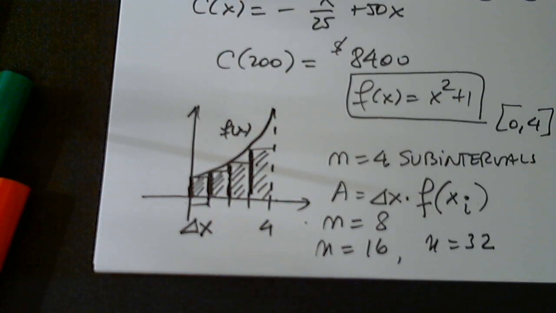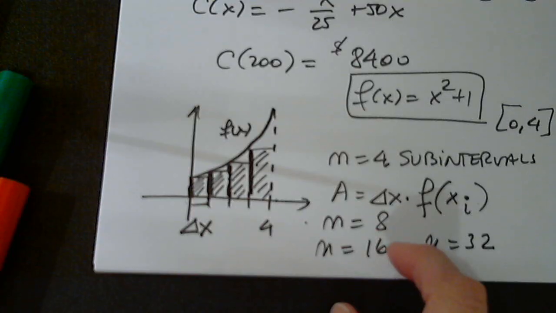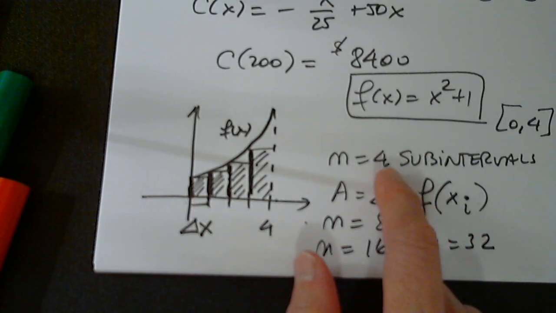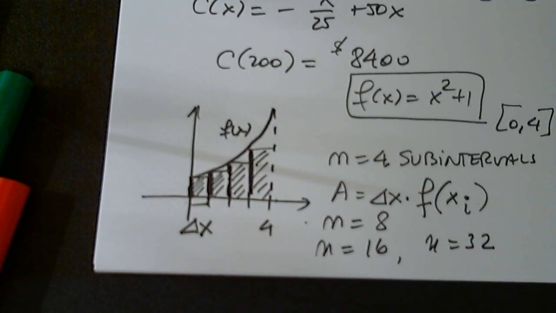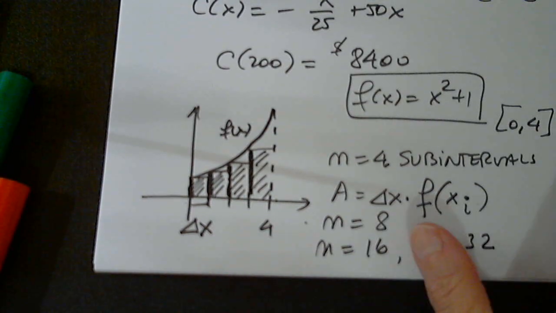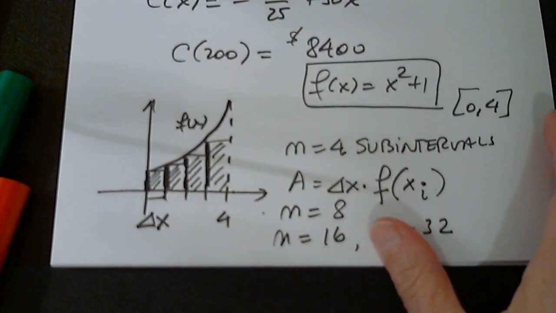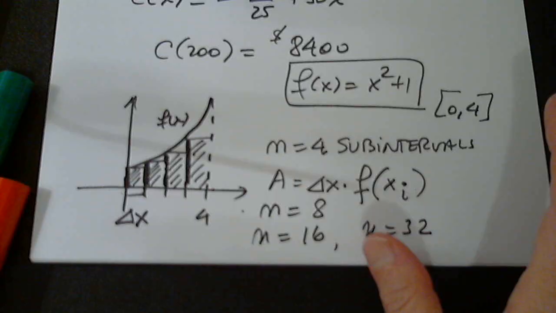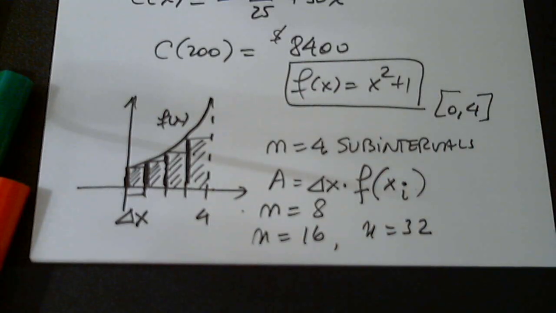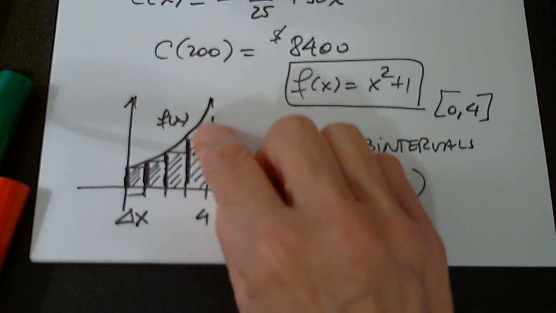Will I get a better estimate with 8, 16, 32 than I had with 4? Anybody, please. Your estimate. Yes, of course, because I will have less gaps.